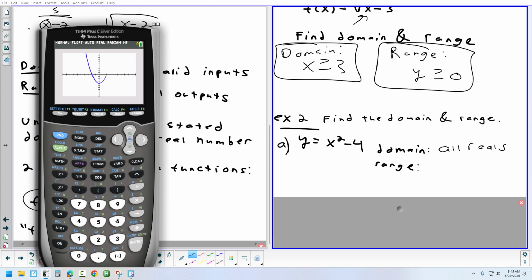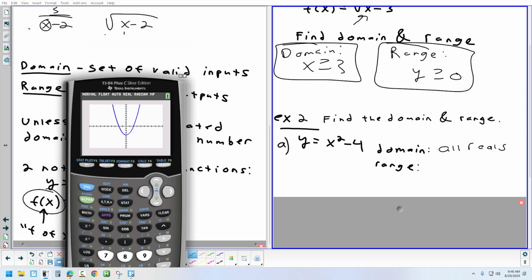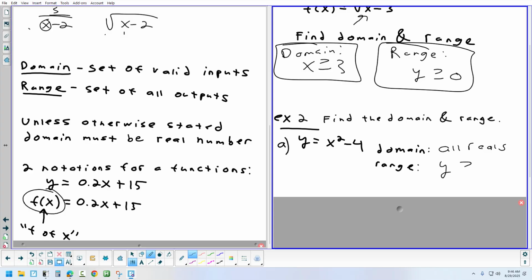Is the range all real numbers, do you think? No? Well, Emma, what do you think the range is? Y is greater than or equal to -4? Yes, it's every number from -4, and it'll go up forever. Perfect.